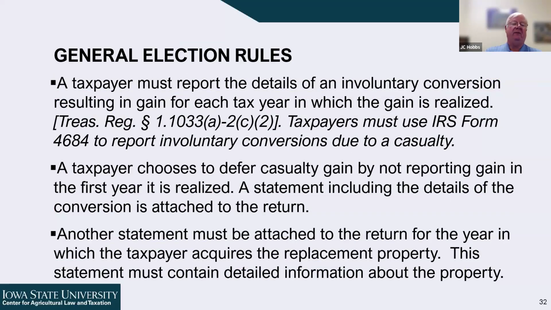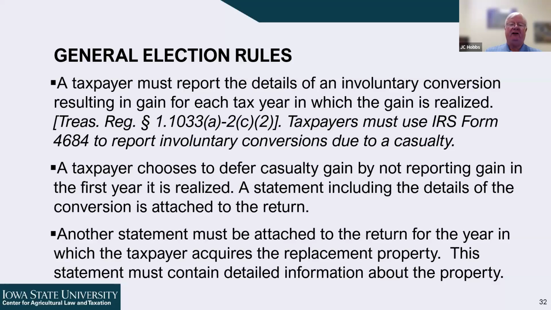So what are the rules in making these elections? We have to report the details of the involuntary conversion. So we're going to have to list out what was there. For example, when we fill out the forms, we need to take into consideration where the hurricane was, the FEMA numbers or the presidential declaration numbers, those types of things that apply.